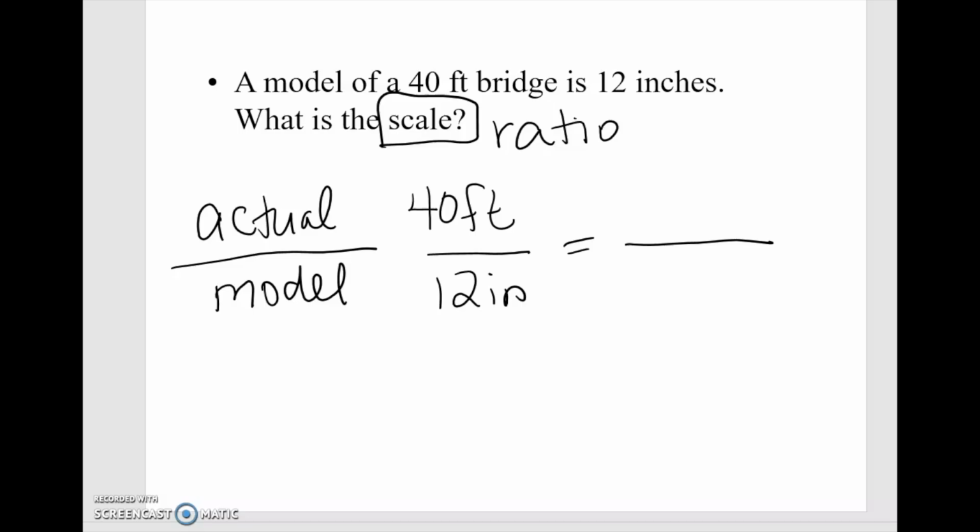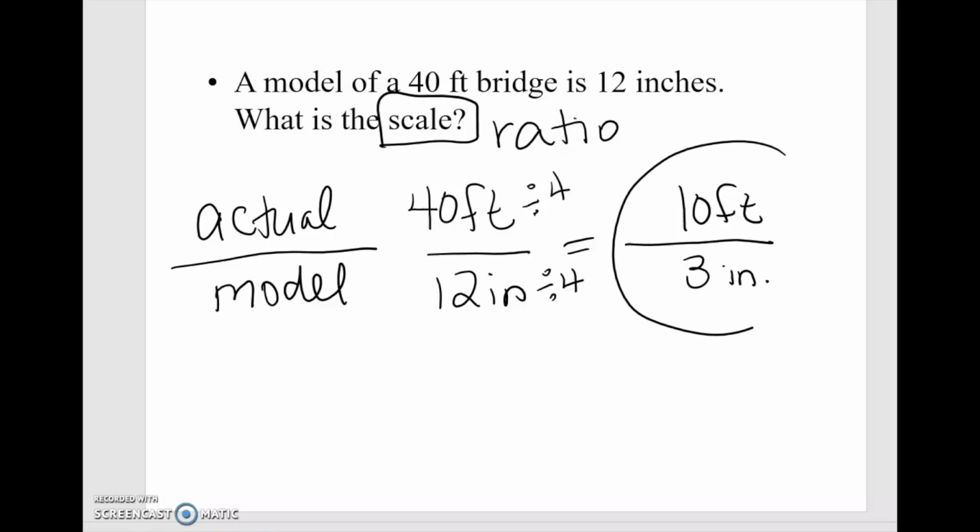So 40 and 12 are both divisible by 4. So 10 feet in real life is represented by 3 inches in our model. So this would be simplest form, scale.